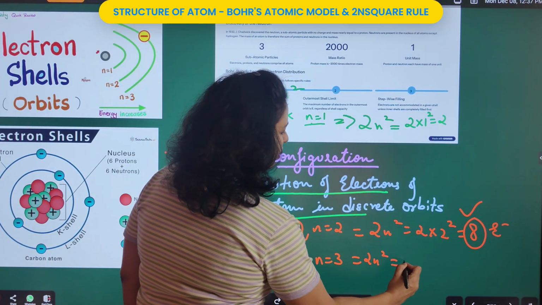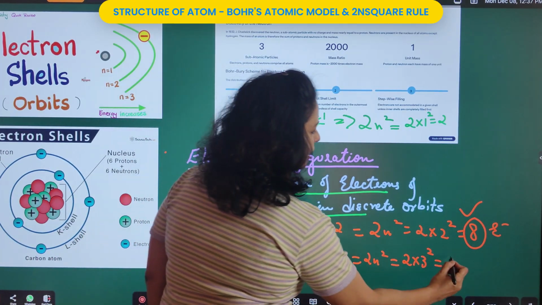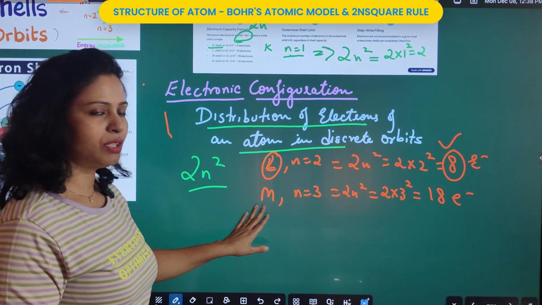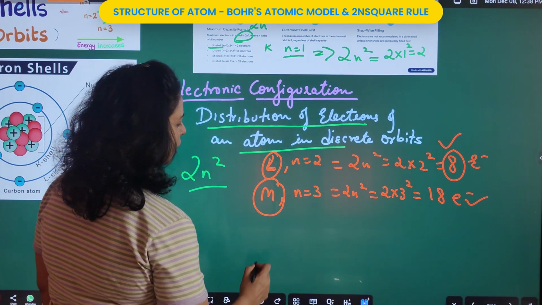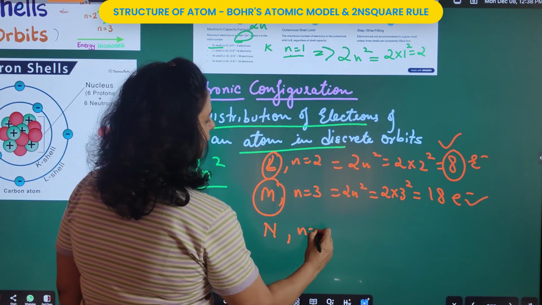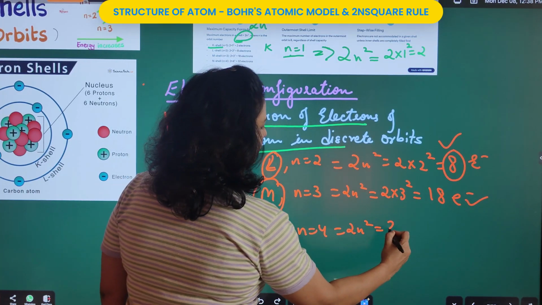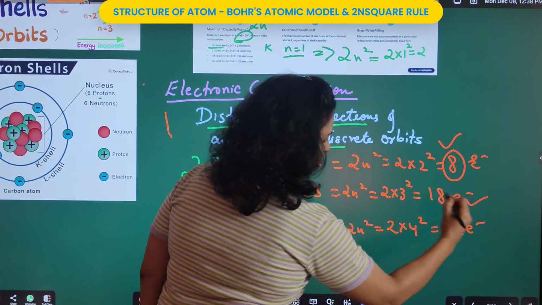Substitute the value: 2 into 3 squared. You will get 18 electrons. So the M shell has a maximum capacity of 18 electrons. For the N shell, n is equal to 4, so substituting 4 in 2n², we get 32 electrons.